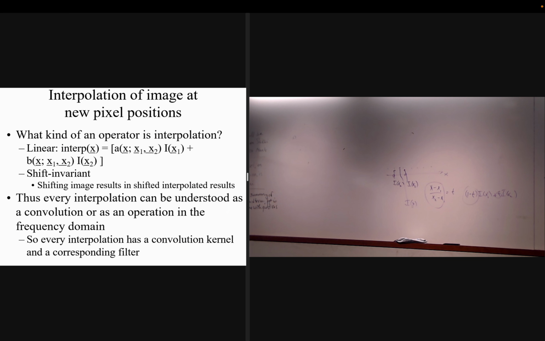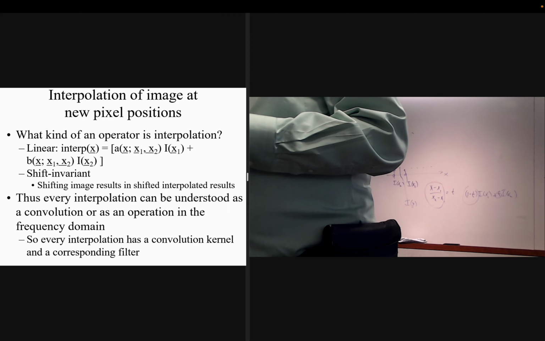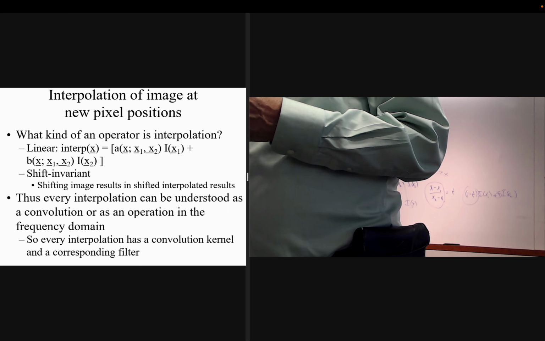No, when we're shifting the whole image, it's resampled. We have to shift by a whole number of pixel values, basically. It's just that when we shift, we're shifting the pixels along with it.